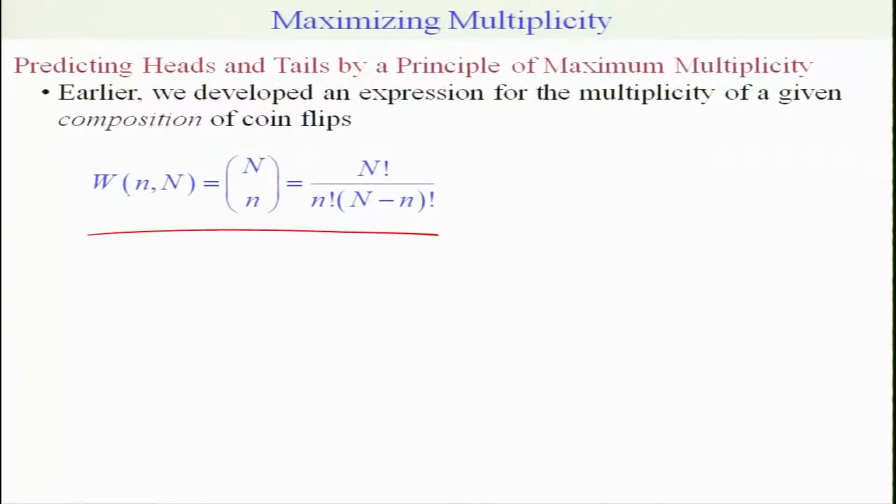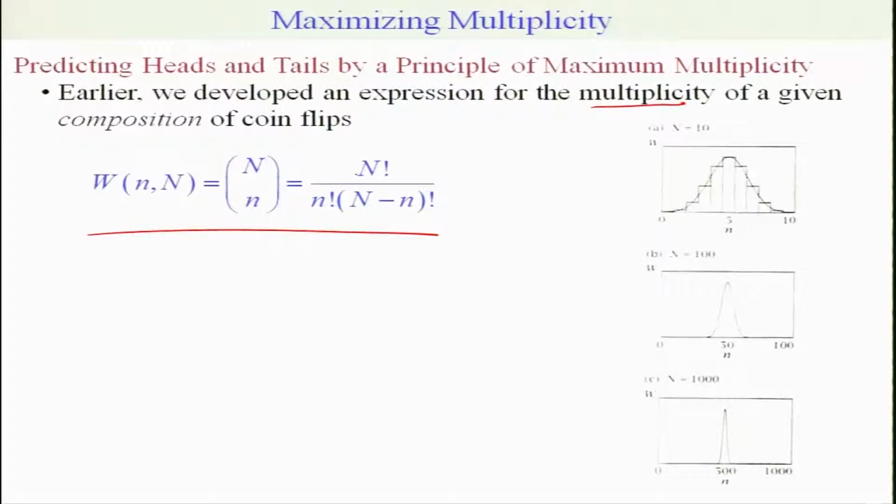So, this is a simple expression of multiplicity. Now, if you increase n, let us say from a small number to a large number, and you plot W as a function of small n, which again as I said could be the number of heads or the number of tails out of capital N outcomes.